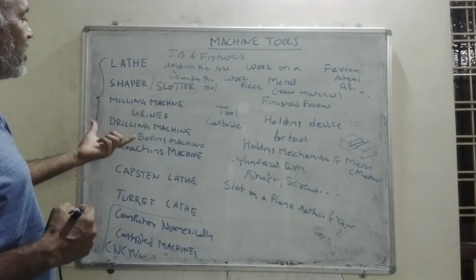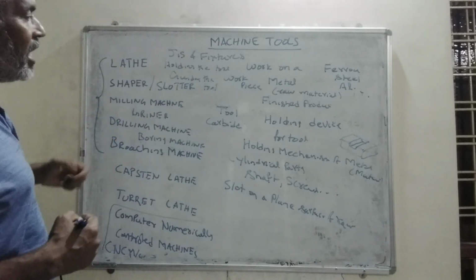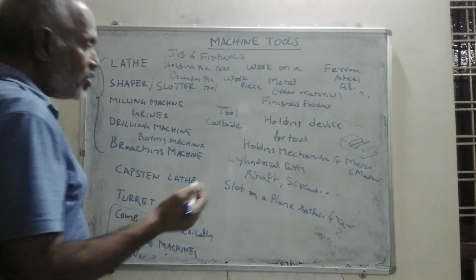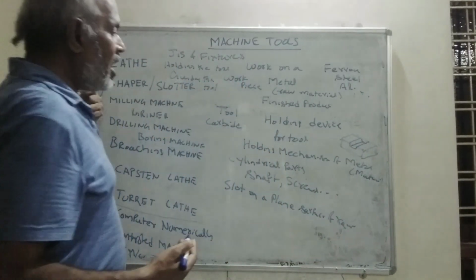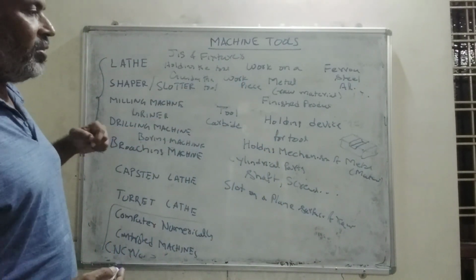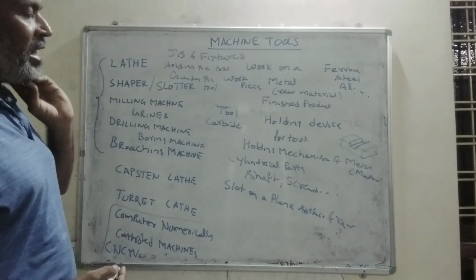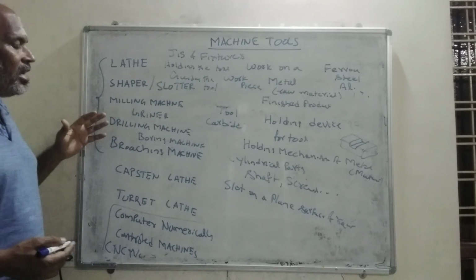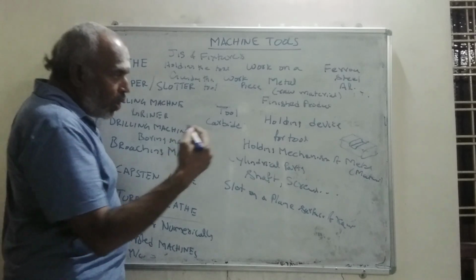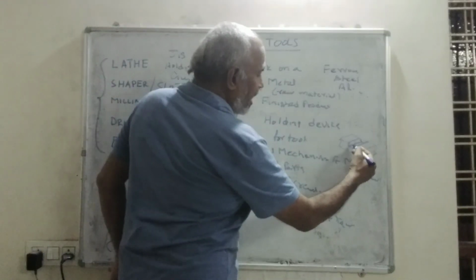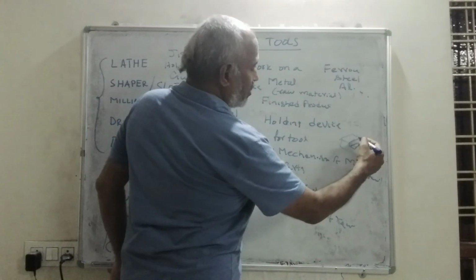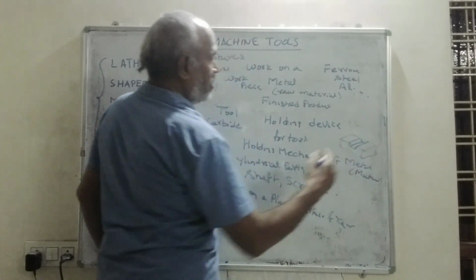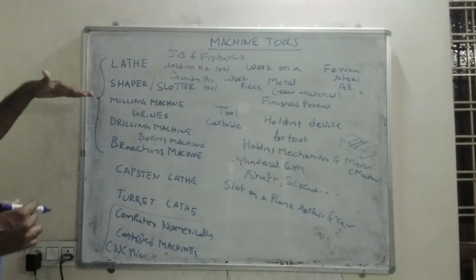Now the milling machine is also a machine tool which does the same activity that the shaper does. The shaper will be removing material with force, with impact, and the milling machine is slowly removing the material by a cutter, slowly removing the whole material. So that's the difference between the shaper and milling machine.